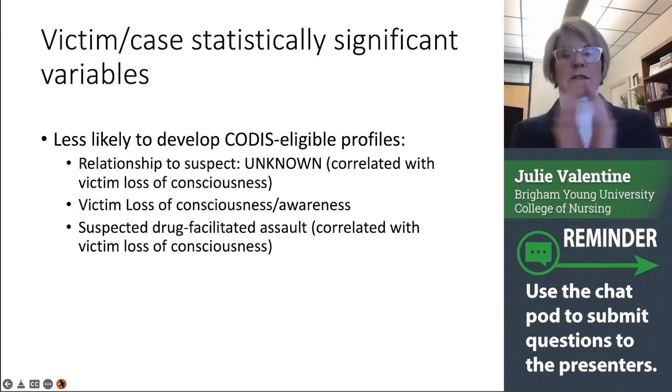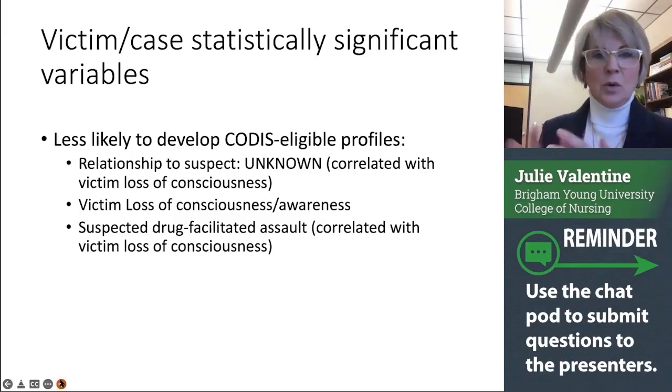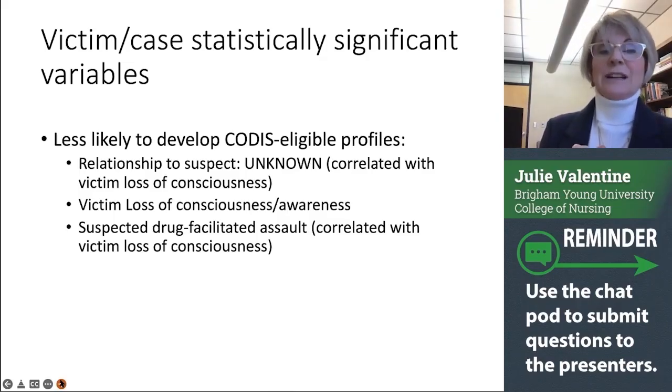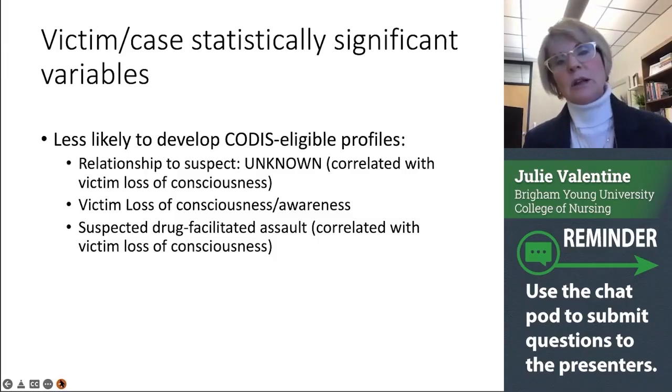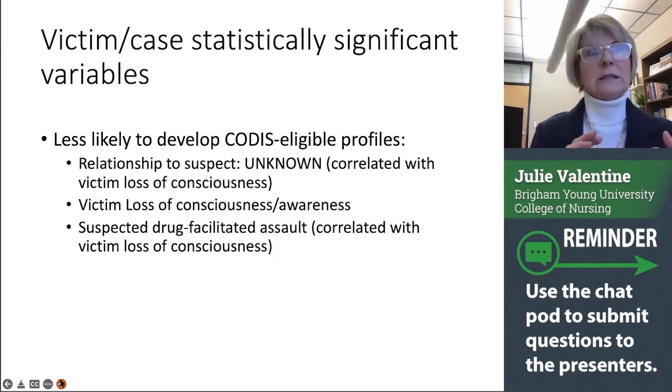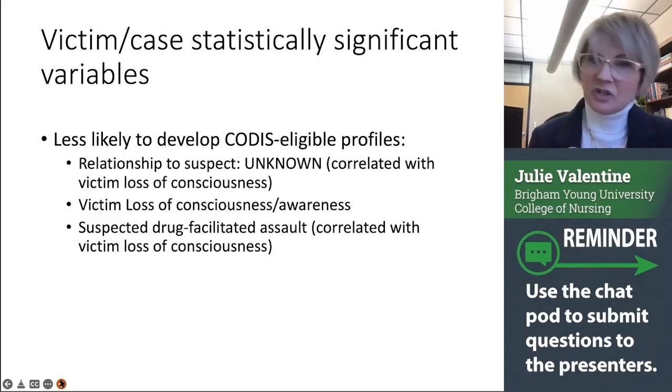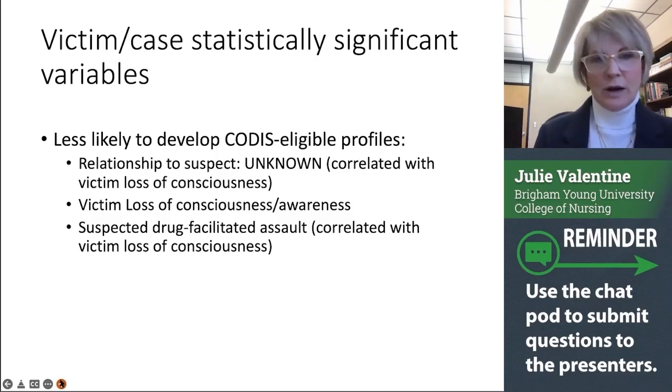All of these are somewhat related, meaning if a victim reports loss of consciousness or awareness, we actually have 49% of our victims that report loss of consciousness or awareness, everything from being strangled to drug facilitated to intoxication by drugs or alcohol, or we have many cases where victims say loss of consciousness or awareness, actually 25% of our cases where they didn't have alcohol or drugs or suspected drug facilitated or were strangled.